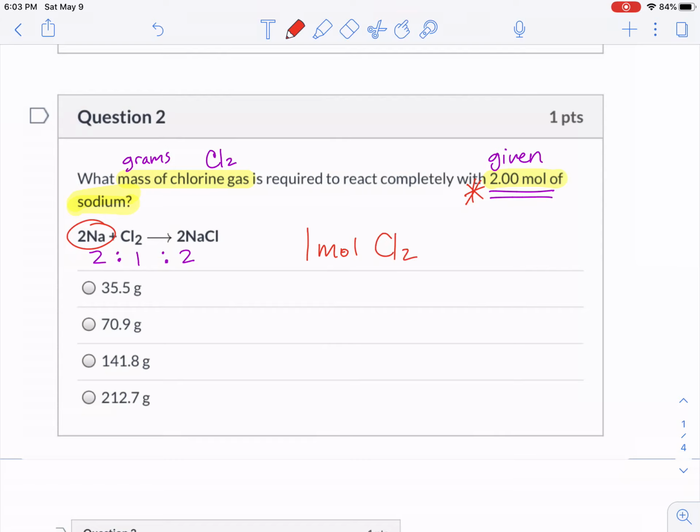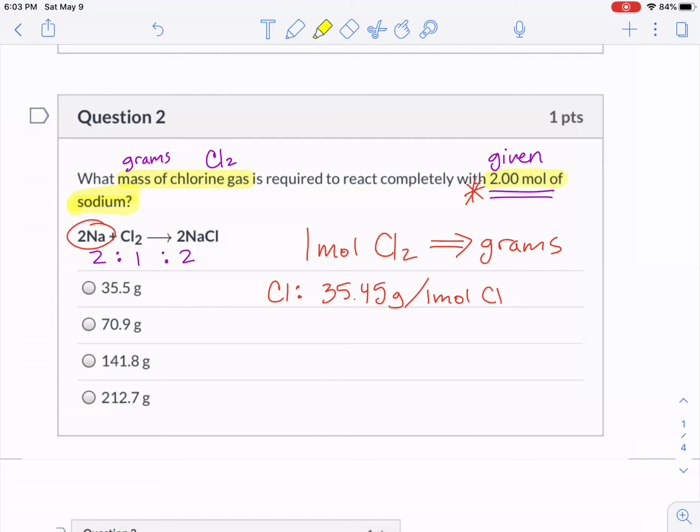But this is not the correct answer. We have to convert this to grams. Grams is the macroscopic scale. The way we convert from moles to grams is looking at our periodic table. If I look up chlorine, there are 35.45 grams in every 1 mole of chlorine.